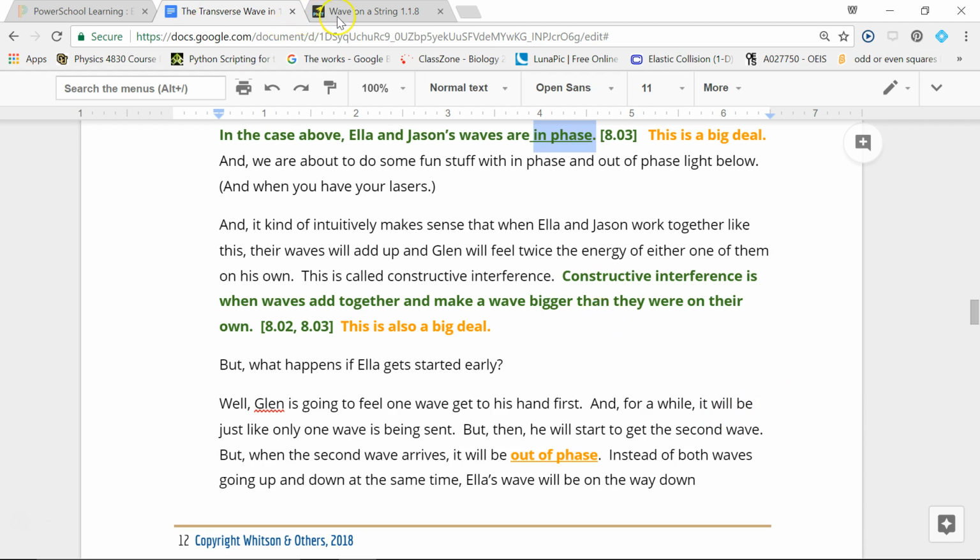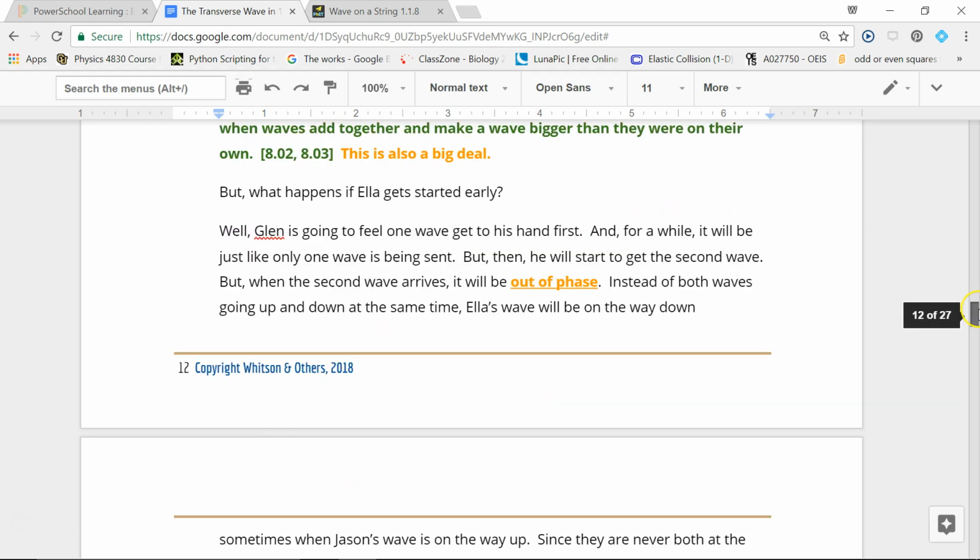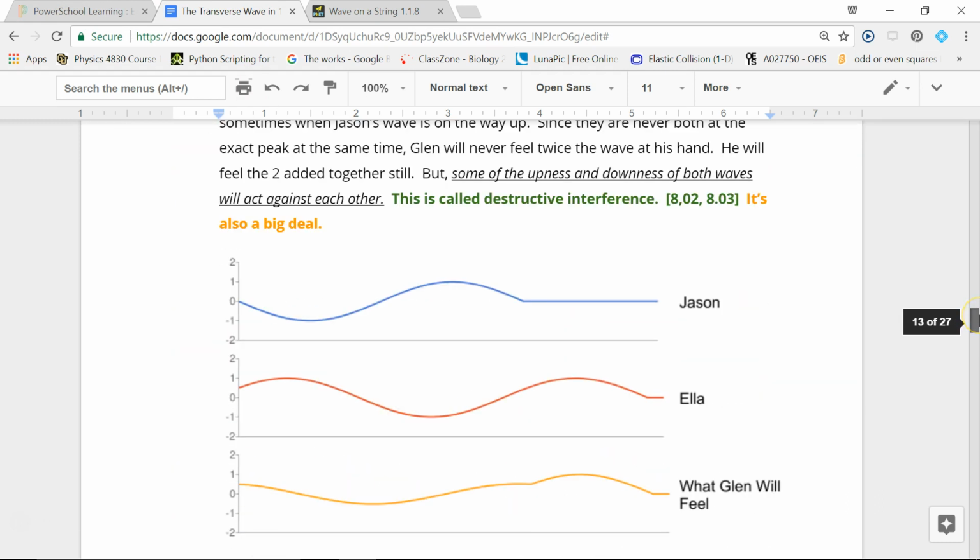Now, the second situation is, what if they're both going to use the same sine theta, but Ella is going to get started a little bit early. So if we start Ella a little bit early, then what Glenn will feel is he'll feel nothing until he first starts to feel Ella's wave. And then when Jason's wave gets to him, he will feel Ella's plus Jason's wave.